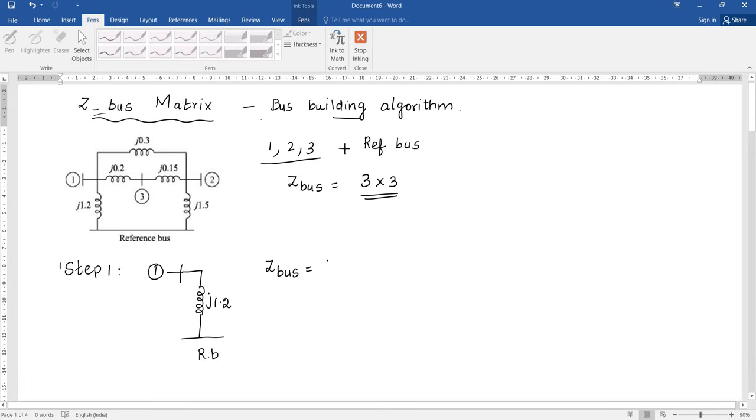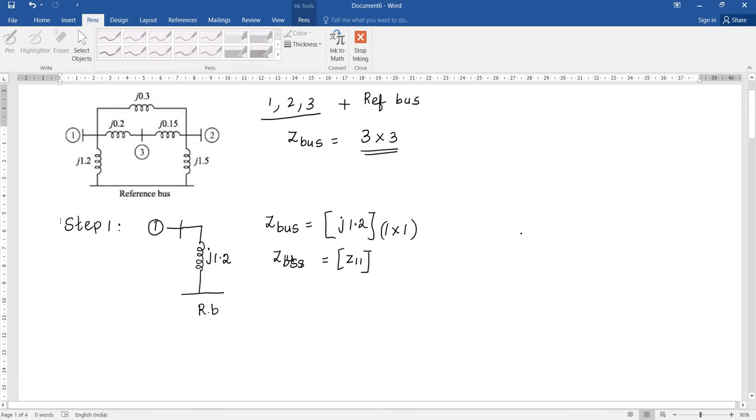Zbus consists of only one element, and that element is j1.2. This Zbus element is known as Z11. This is a 1 cross 1 matrix. And next I am going to explain step number 2.